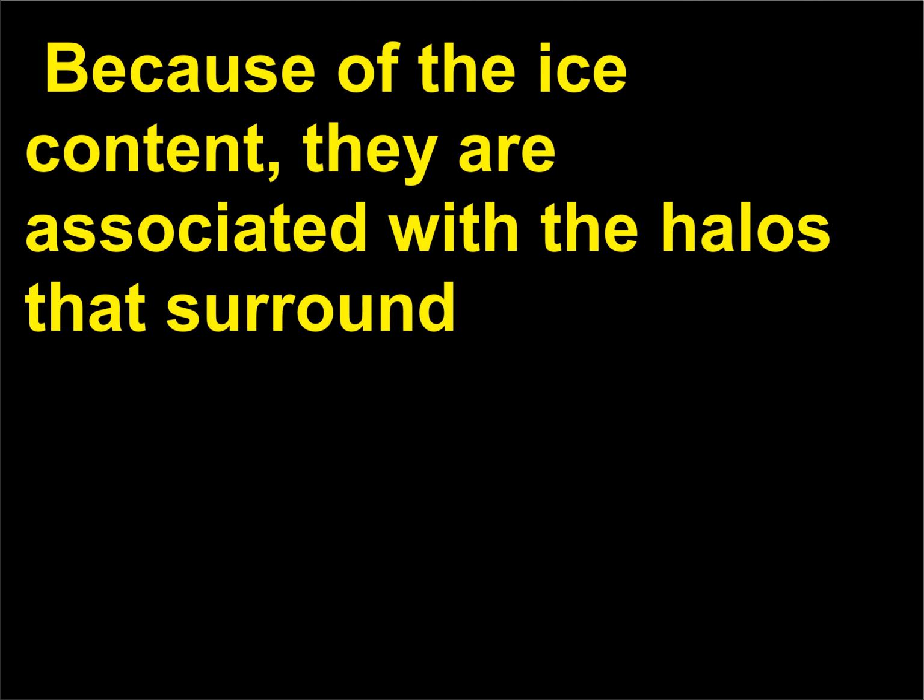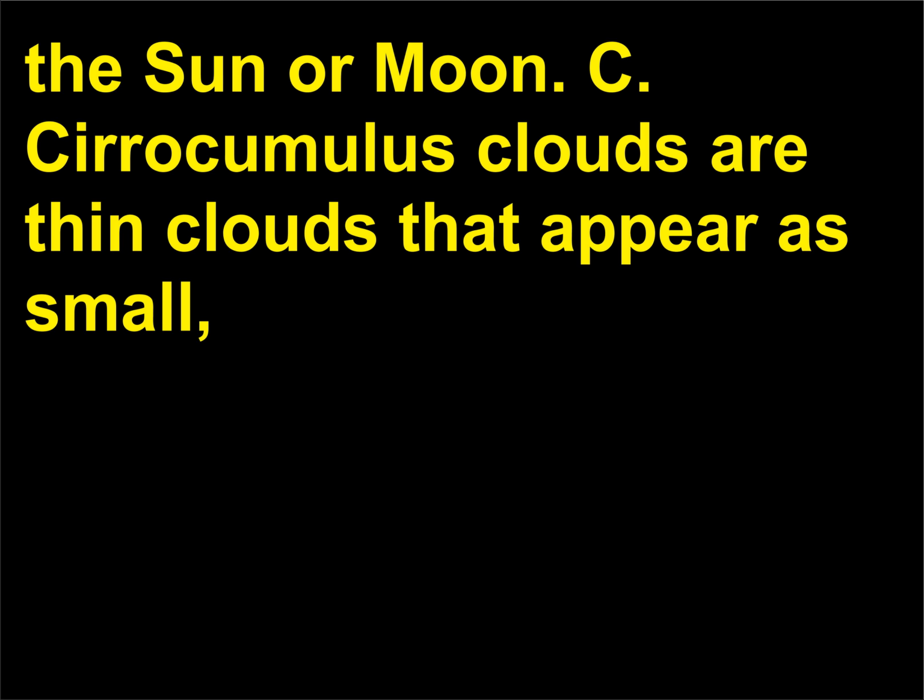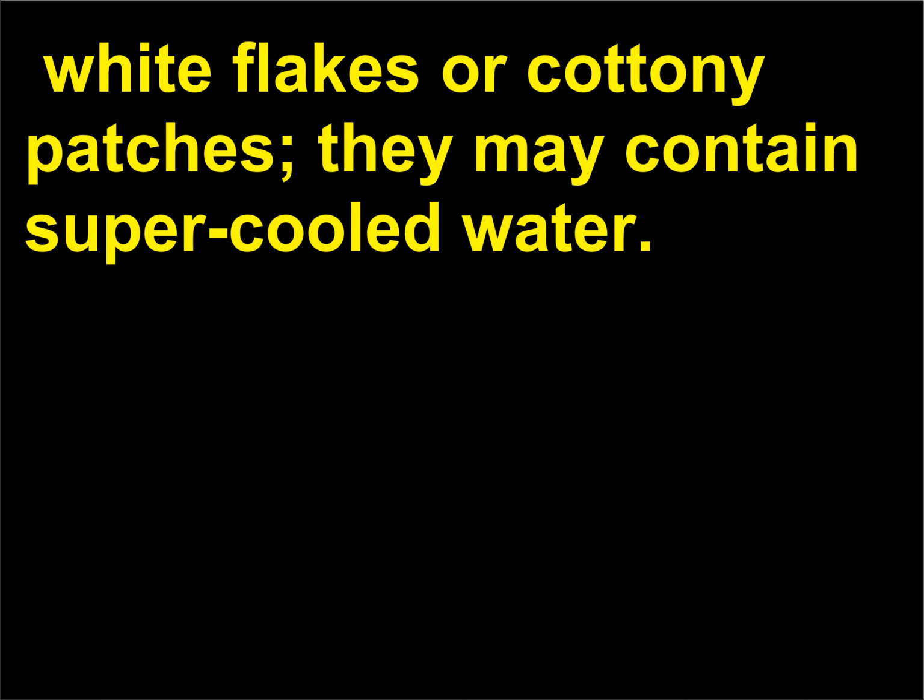Because of the ice content, they are associated with the halos that surround the sun or moon. C. Cirrocumulus clouds are thin clouds that appear as small white flakes or cottony patches. They may contain supercooled water.